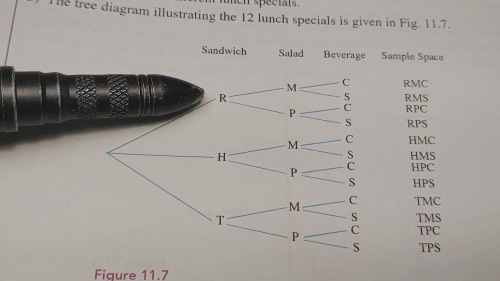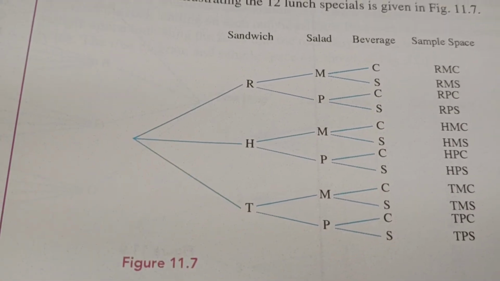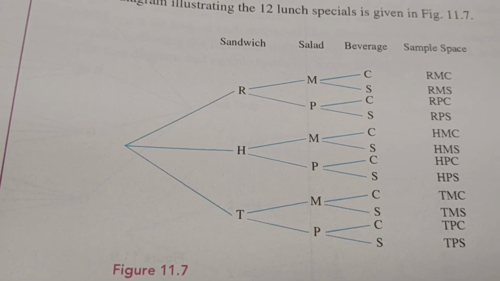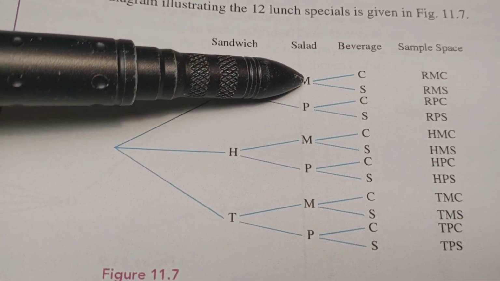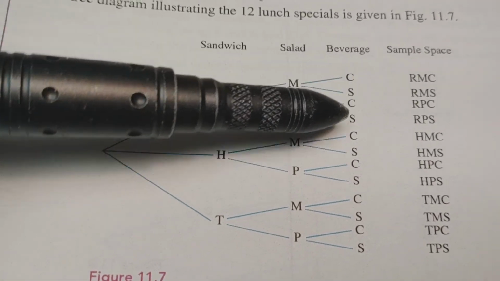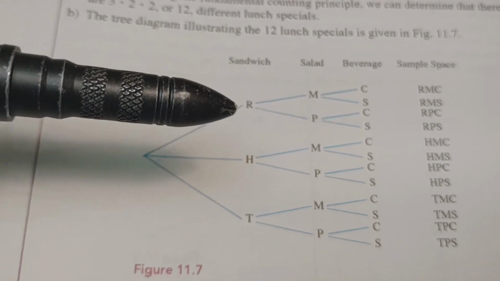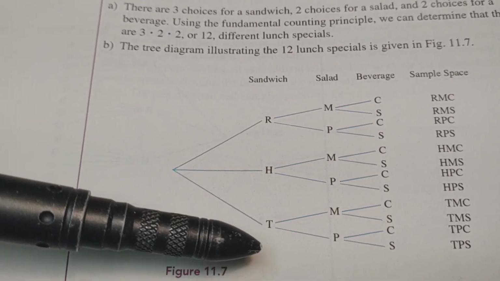If we list those, R, H, and T, for our roast beef, our ham, and our turkey, and then we have here our salad, M, P, M, P, M, P, and we have our beverage, C, S, and so on. So look what happens. Here's our sandwich. The sandwich gets selected first.